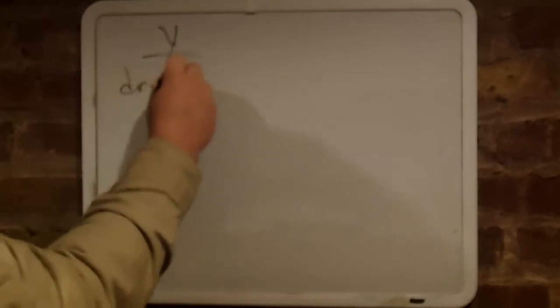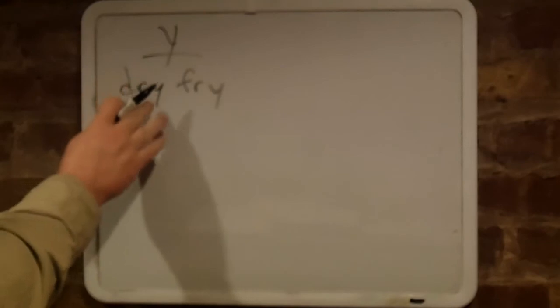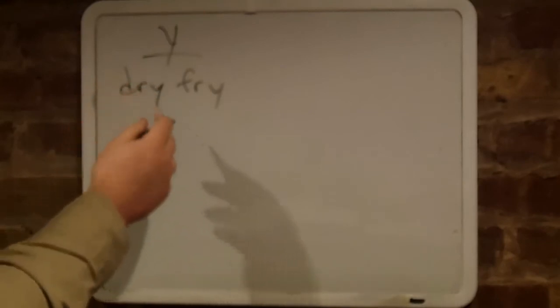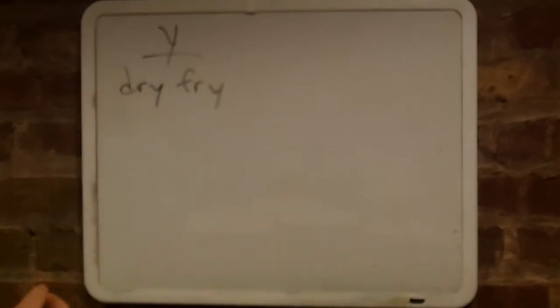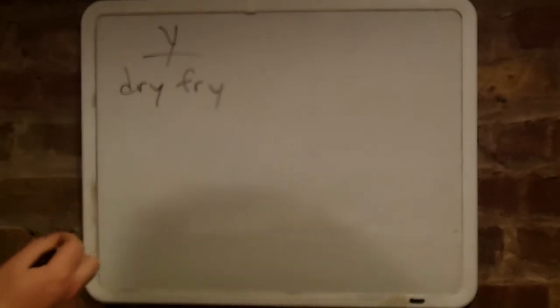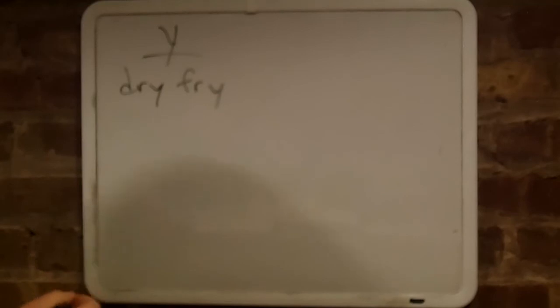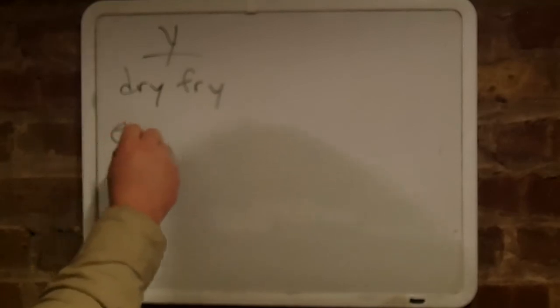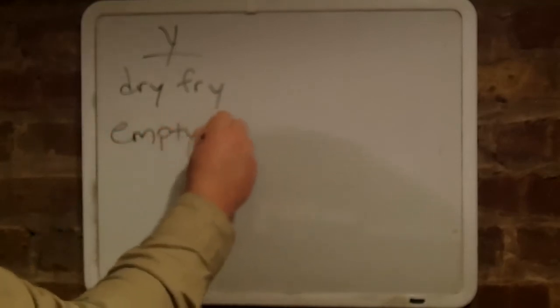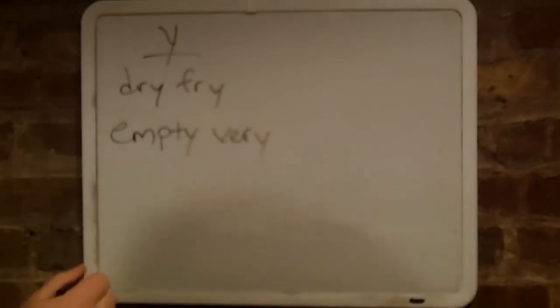So dry, fry, so on. If you have a word that has no other vowel except Y, the Y will make the I sound. And if the letter Y comes at the end of a longer word, it always makes the E sound, like empty or very. And that's pretty much it.